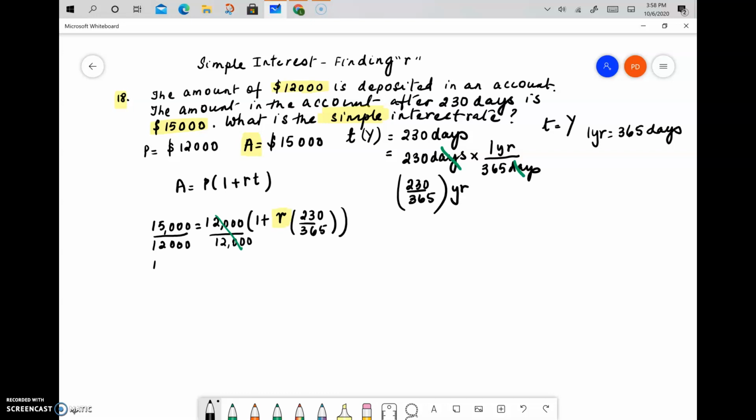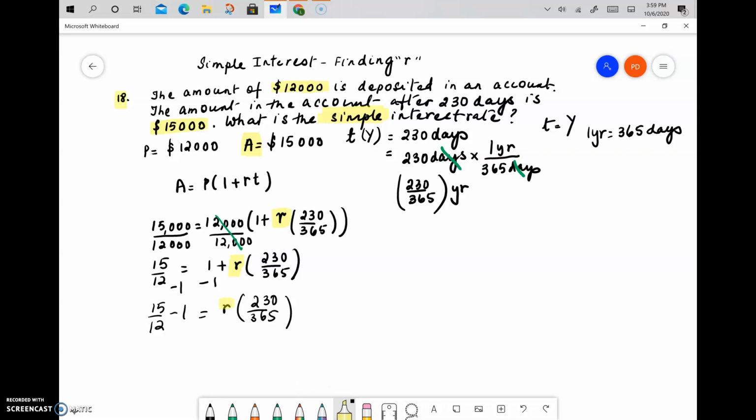So we have 15 over 12 equals 1 plus R times 230 over 365. Now let's get rid of the 1 first by subtracting the 1 on both sides. So next we have 15 over 12 minus 1 equals R times 230 over 365.